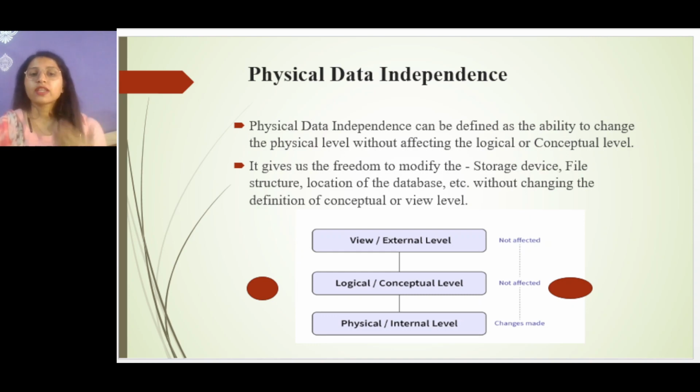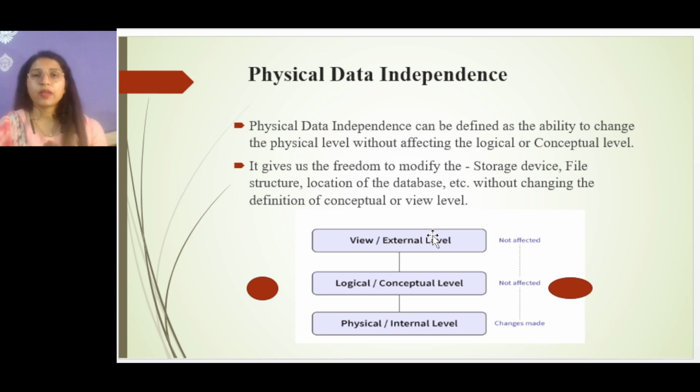Now, what kind of changes do you make at the physical level? For example, the organization may change the storage devices, the access technique, or the compression technique. Whatever changes they make at the physical level, the logical level and the external level should not be affected. So it provides you the freedom to modify.